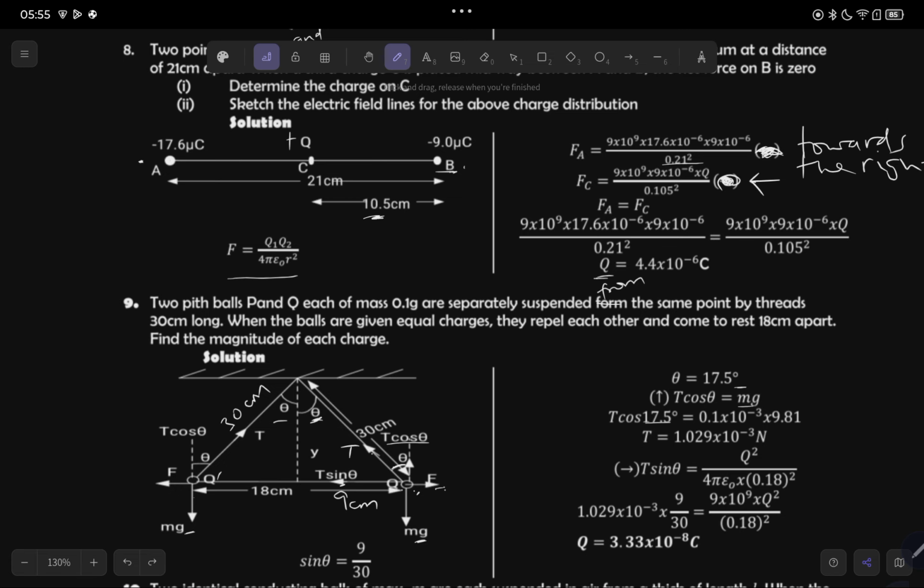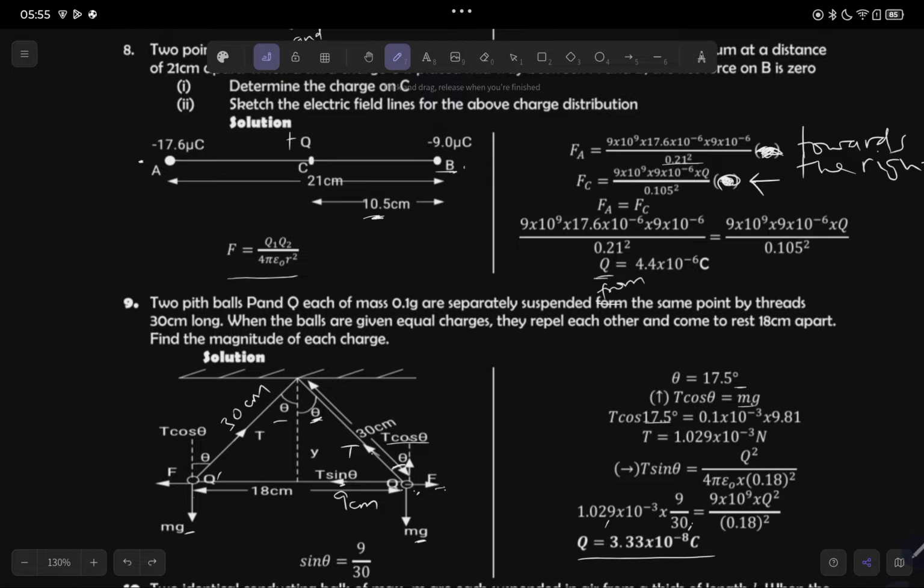We put in the value of the constant. We have the value of sine theta as 9 over 30, and the tension from above. So we substitute those values and we get the charge Q as 3.3 times 10 to the power negative 8 coulombs.